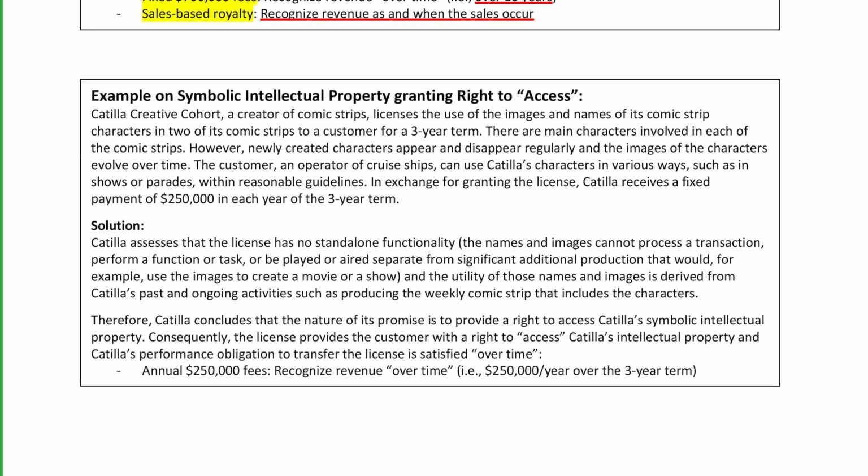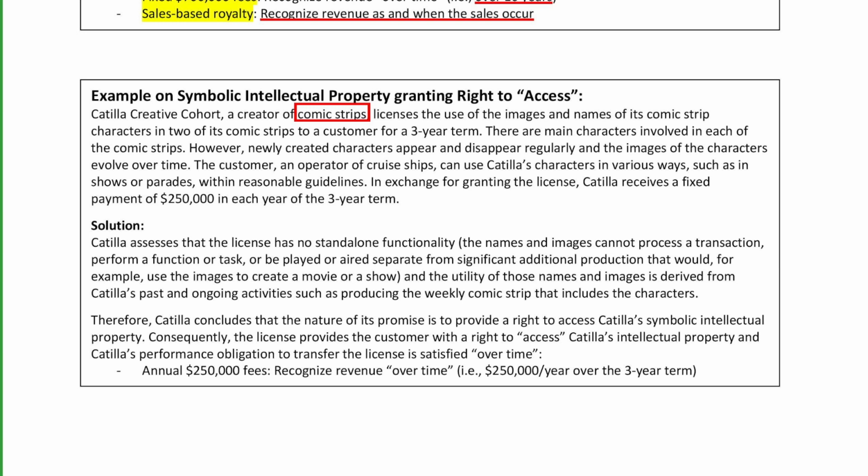Let's look at the next example on Catala Creative Cohort, a creator of comic strips who licenses the use of the images and names of its comic strip characters in two of its comic strips to a customer for a 3-year term. There are main characters involved in each of the comic strips.